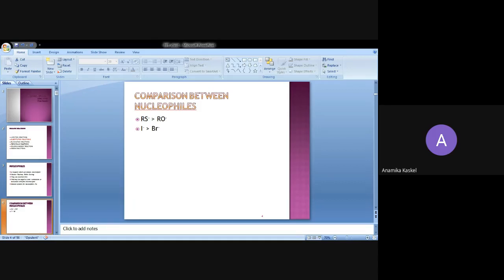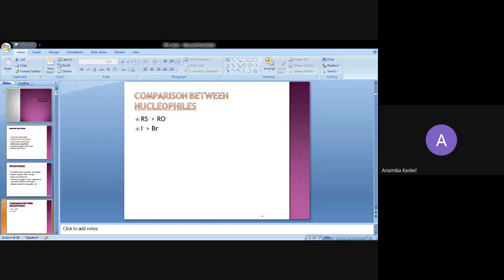Electronegativity of oxygen is higher than that of sulfur. So definitely oxygen will try to control the electron density present on it, but the electron density present on sulfur will be very loosely bound.